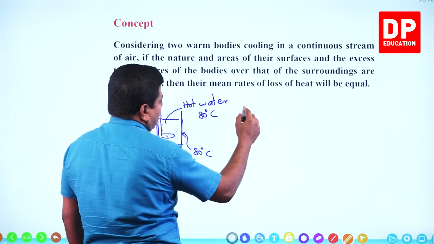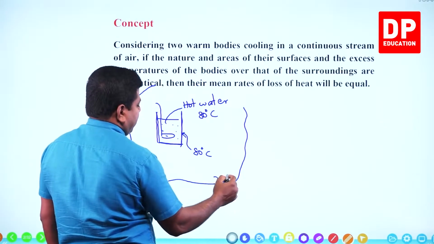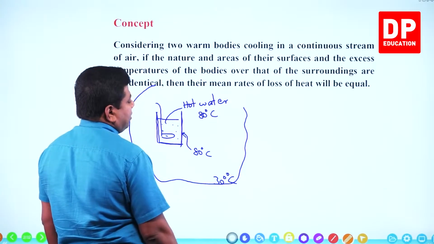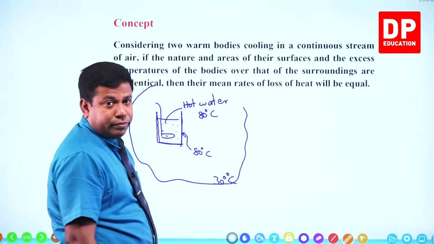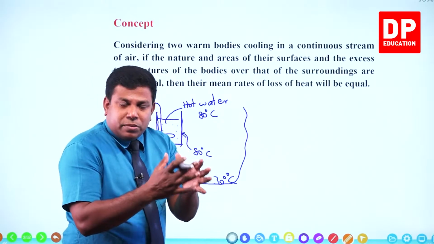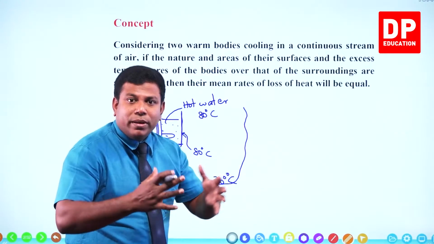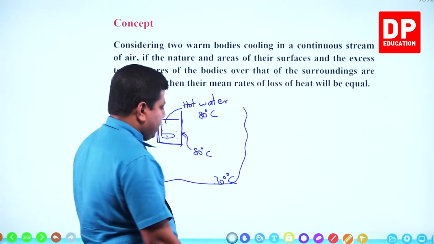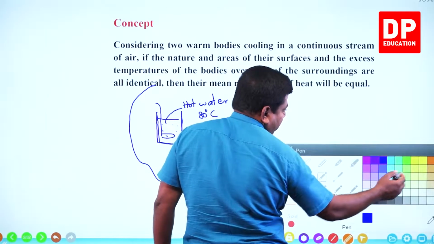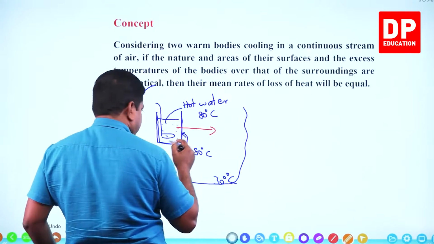Whereas let's say the surrounding is at 30 degrees, room temperature. What will happen from the substance with high temperature to the surroundings? Heat will be lost. So I can show the heat transfer from this surface.